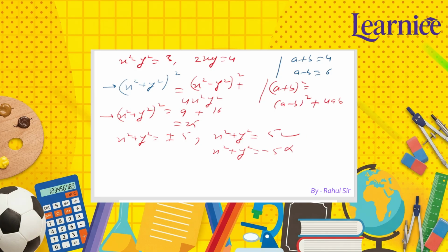Now we have x square minus y square is equal to 3 and x square plus y square is equal to 5. So solving this, 2x square is 8, so x square is equal to 4. So I will get x is equal to plus minus 2. Similarly, I will get y square is equal to 1. So y is equal to plus minus 1.